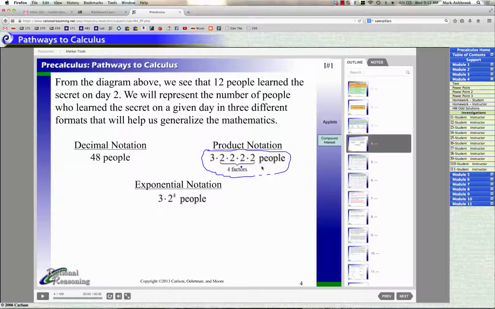Okay, so I want you to write the product notation for the number of people who have learned the secret on the 37th day. If you have a shortcut that you want to use, but it's still product notation. So is there a way you can do this without hurting your hand, right?